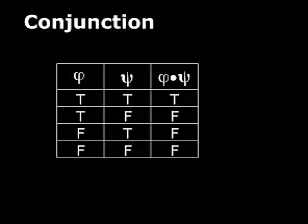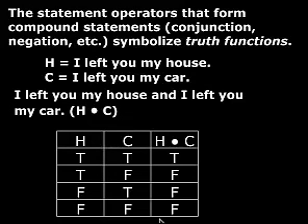This is the same table. The only difference is that instead of using H and C as letters in the table, I've used these Greek symbols phi and psi. The reason is that, by convention with us, H and C stand for atomic statements.